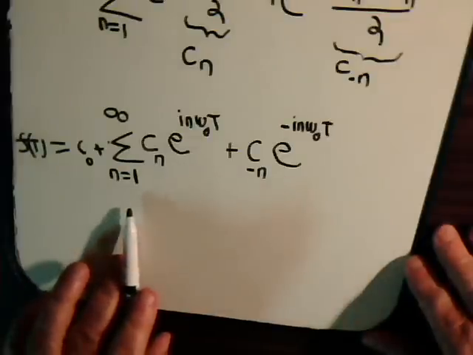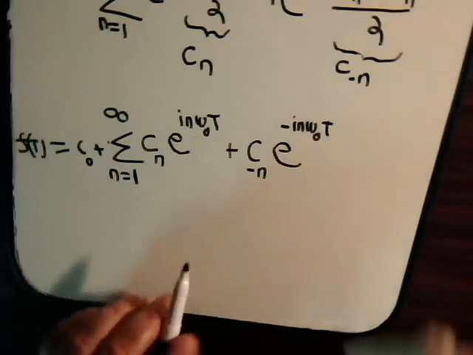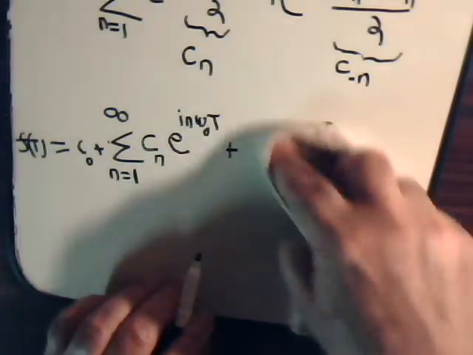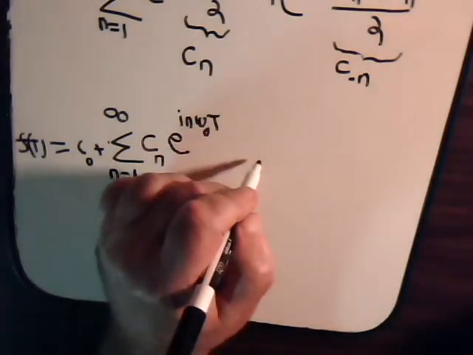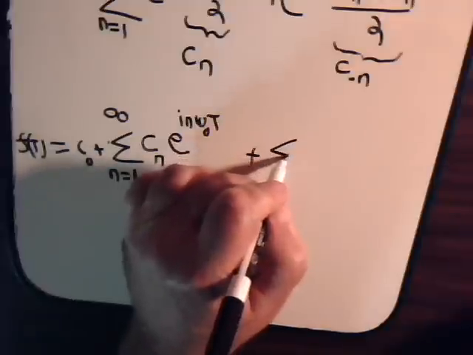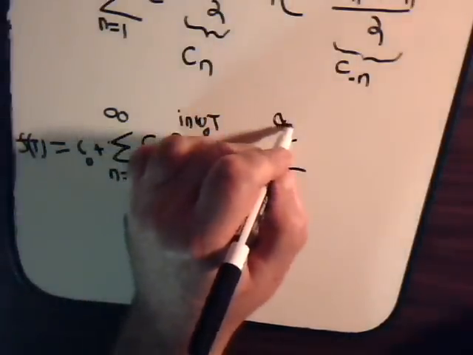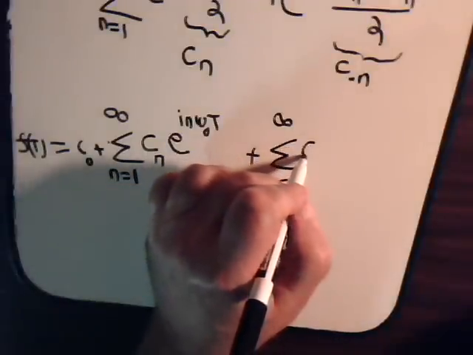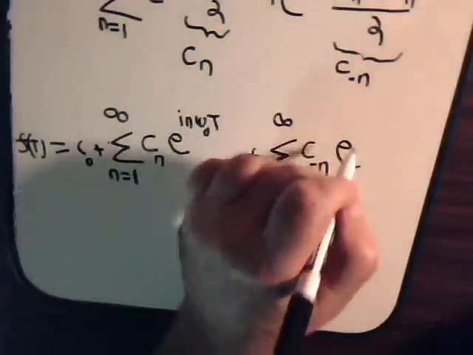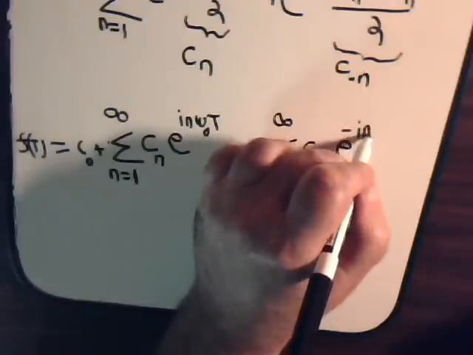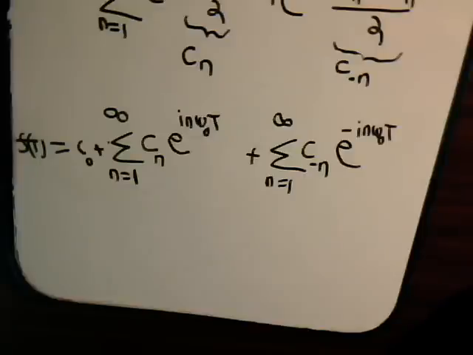Let's say we have this sum plus, and write this as a separate sum, plus the sum n equal 1 to infinity, and we have c minus n e to the minus i n omega t.